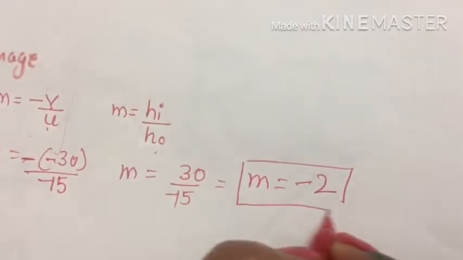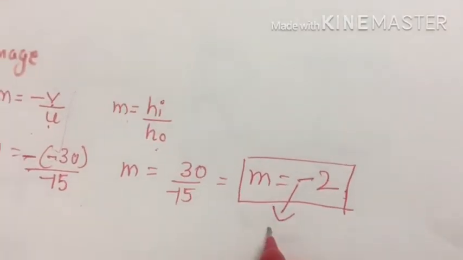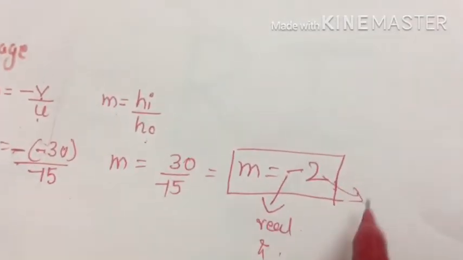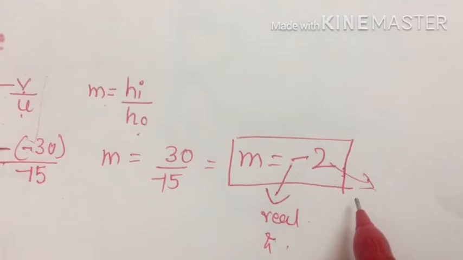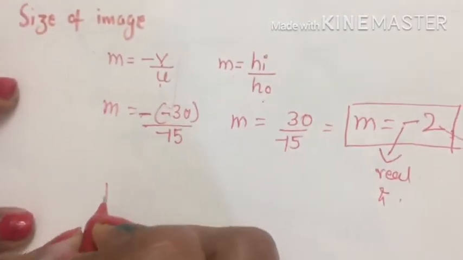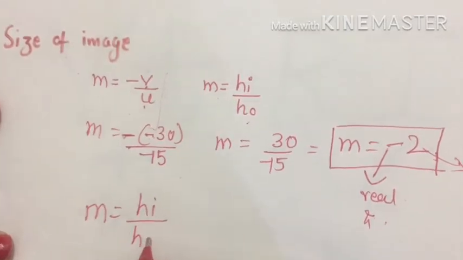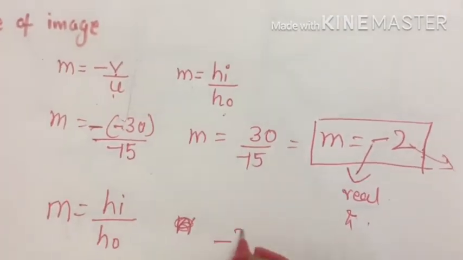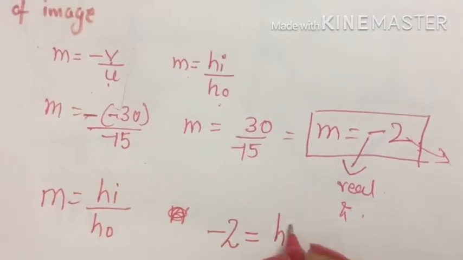Children, if magnification is minus 2, what does it mean? Minus sign indicates it is a real and inverted image, and 2 is how many times the image has been magnified. So we have to find the size also of the image. So we will just apply the formula again. Magnification is height of image by height of object. How much is the magnification? Just now we have found out it is minus 2, equal to height of the image, निकालना है हमें.